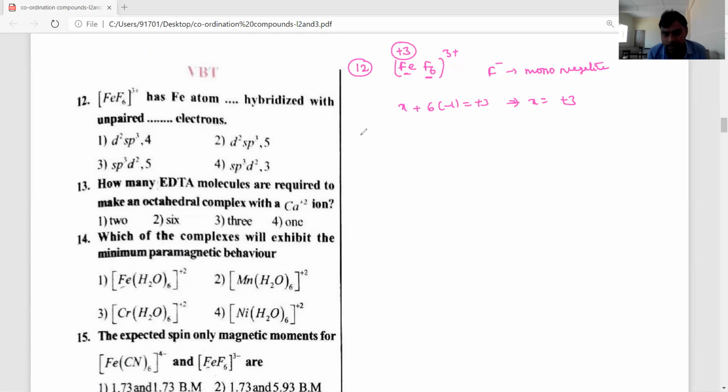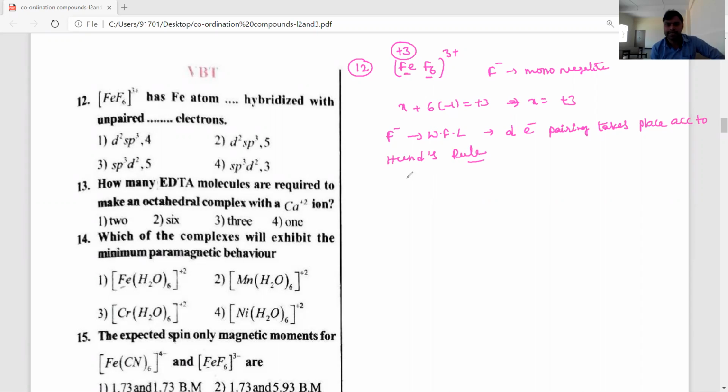The hybridization and number of unpaired electrons depend on the nature of the ligand. Fluoride ions are weak field ligands. Then the d electron pairing takes place according to Hund's rule.